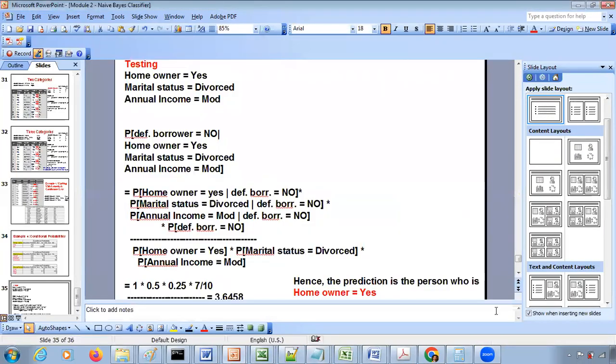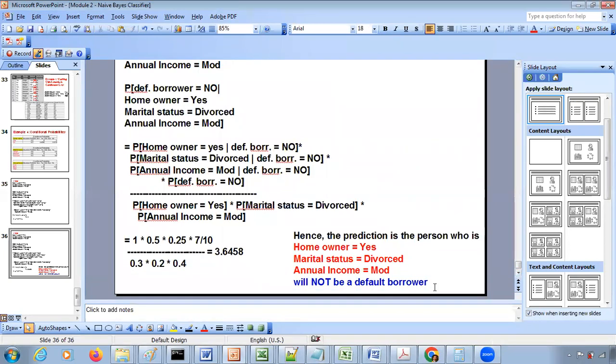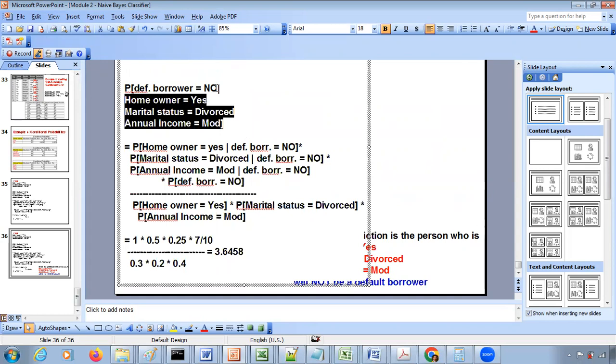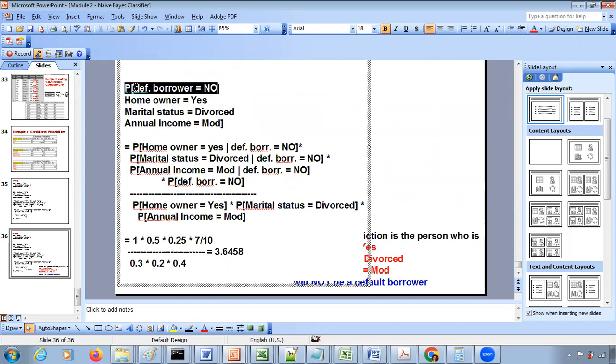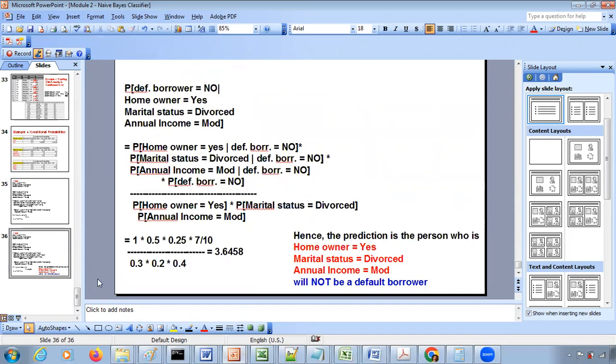So for the given test case, the probability of defaulted borrower equals no is 3.6458, and defaulted borrower equals yes is 0. So we'll say the person is not going to be a defaulted borrower with this given test case. So that finishes this module.